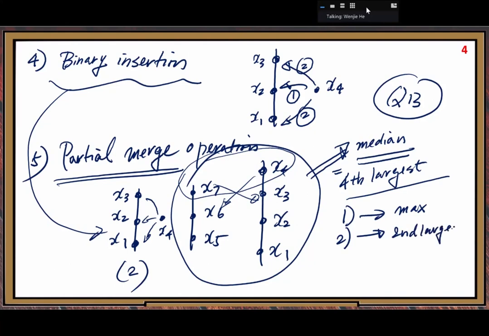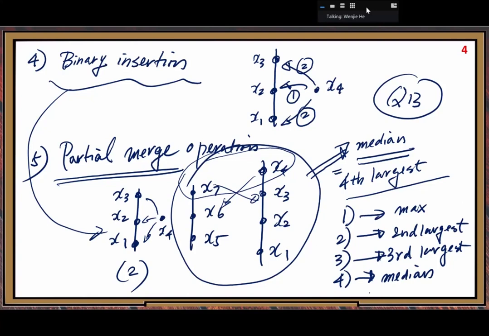Then another comparison, the winner is the third largest. Then comparison number 4 gives the median. After we get the median, we do not need to do any more comparisons. We already have a solution, so we stop immediately. That's why we call it a partial merge. So this is the partial merge operation.